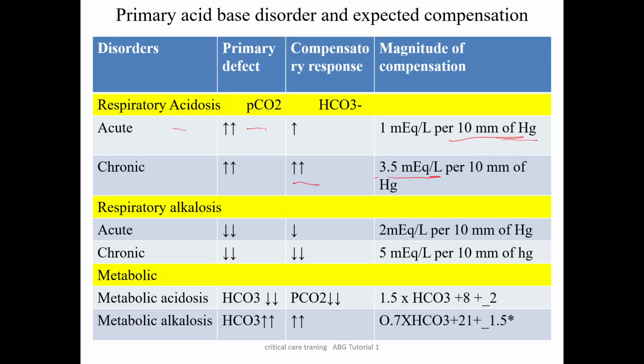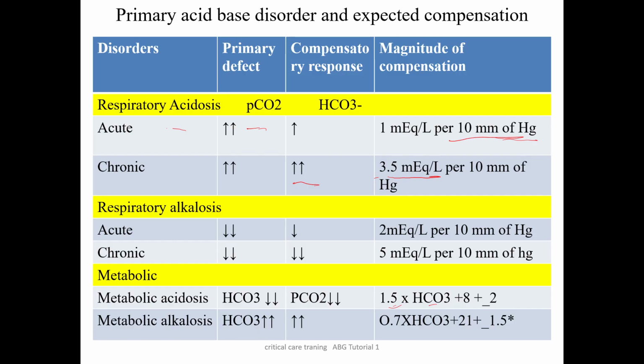What happens in metabolic acidosis? You can calculate the expected PCO2, that is 1.5 times bicarbonate plus 8, plus or minus 2. Suppose the standard bicarbonate is 10. So 1.5 times 10 is 15, plus 8, that is 23, plus or minus 2.